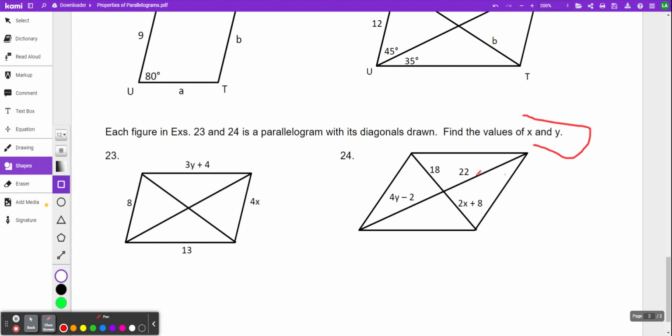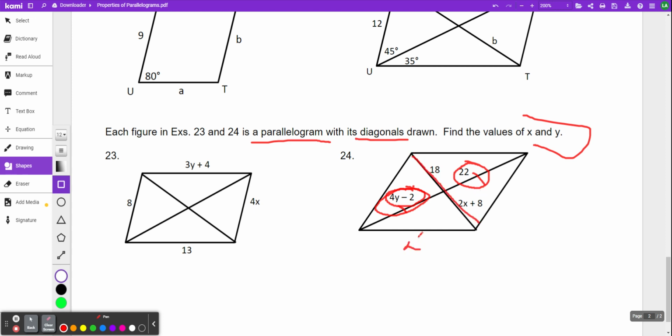Find the values of X and Y. Okay, here's Y. There's X. But these are parallelograms, right? Parallelogram with diagonals. So this and this are the same measure because they've been bisected by this.